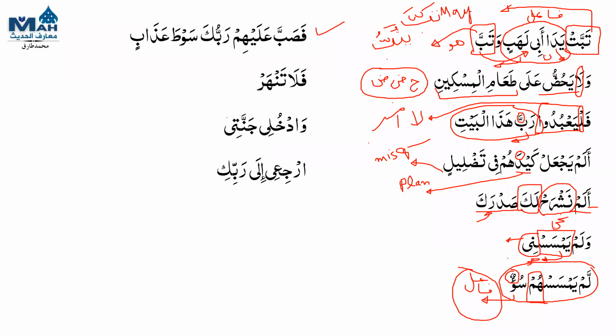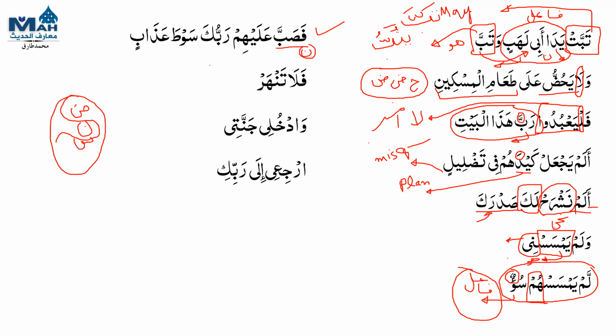فصب عليهم ربك صوت عذاب. Okay. What is the root letter of sabba? صبابة. Saad Baba. Sabba yasubbu from chapter Noon. Because this is muda'af, it is coming from Dad, Noon, or Seen. These three chapters.